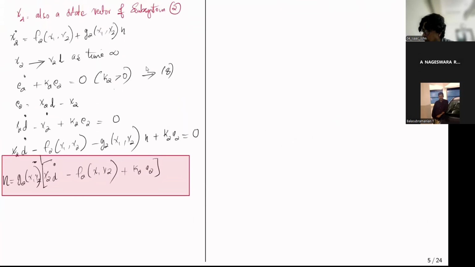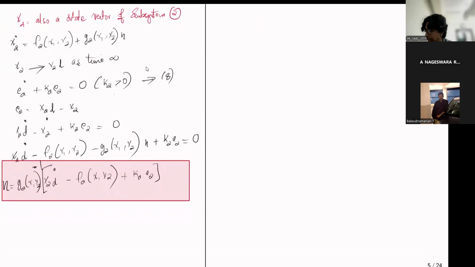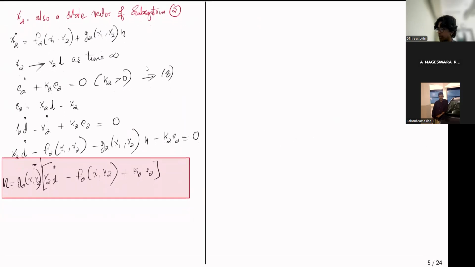Now, that's not all. One more thing that we have to ensure is that this control law or this design is stable. We have to ensure the stability of this control input. Even if we apply some control input, we should guarantee that the error will stay within a bound. It should not grow unbounded.